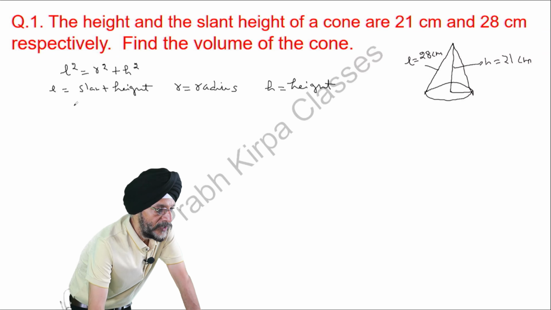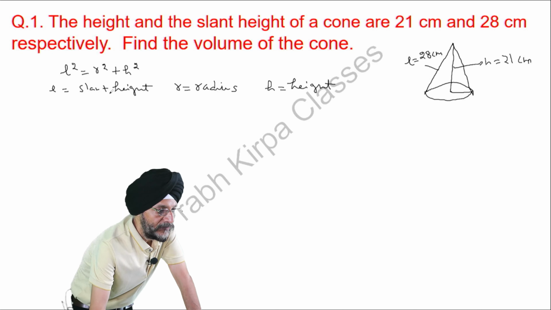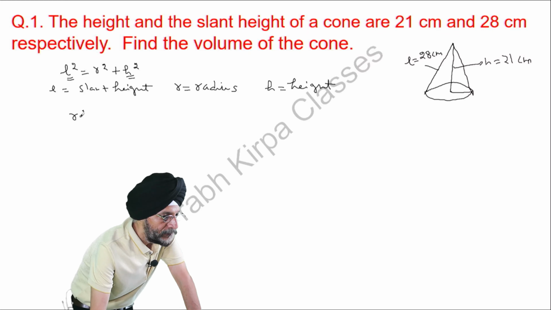So here we can find out the third item, that is, we have been given slant height and height, so we can find out the value of R.